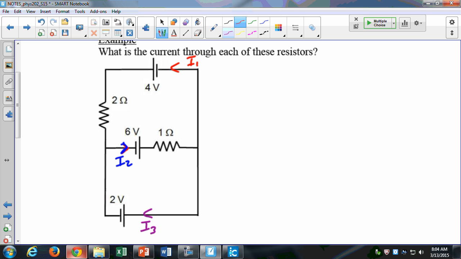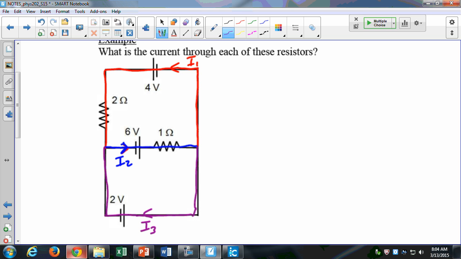So I1, for example, starts here, goes around, and travels between junctions. I2 travels only along that branch, and then I3 goes there and travels up through that branch.